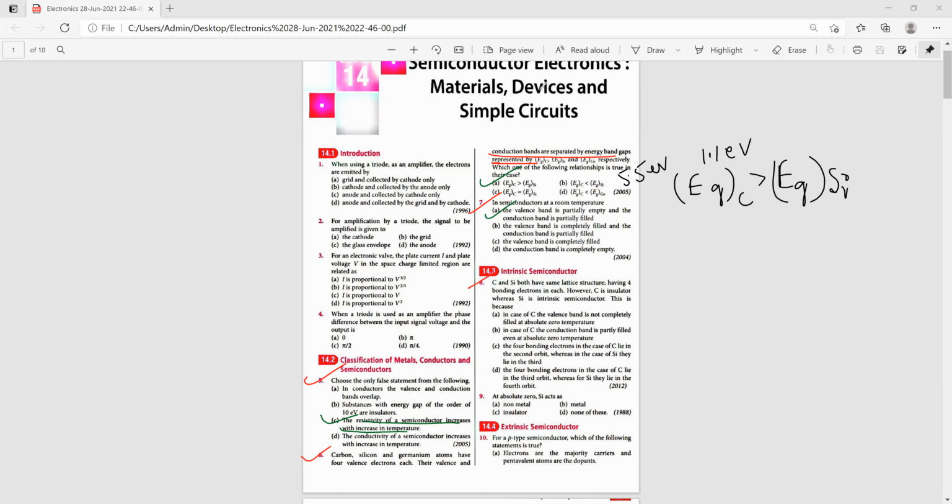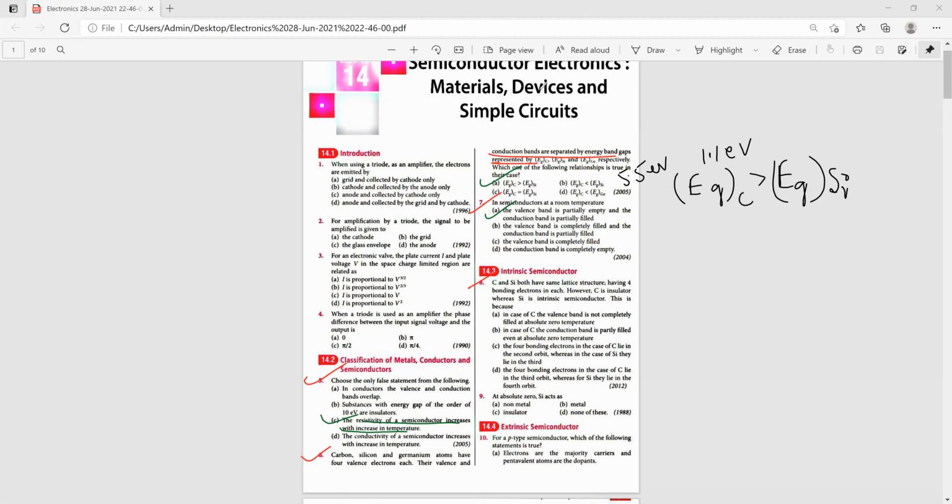Eighth one, carbon and silicon both have the same lattice structure having 4 bonding electrons in each. However, carbon is an insulator, whereas silicon is an intrinsic semiconductor. That is because, so they have given 4 options. In case of carbon, valence band is not completely filled at absolute 0 temperature.